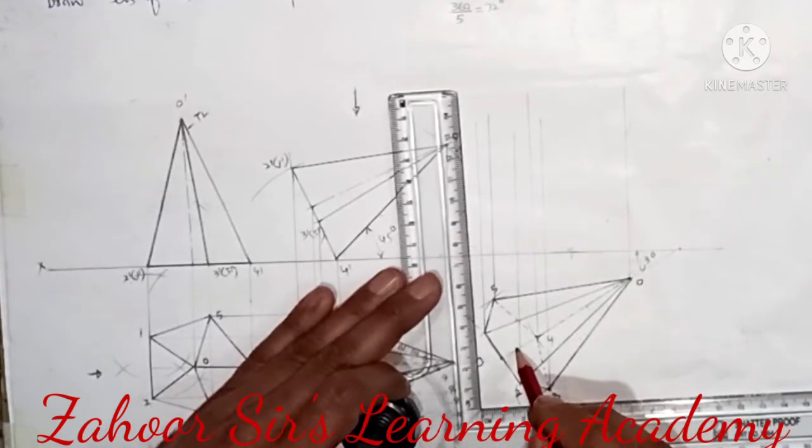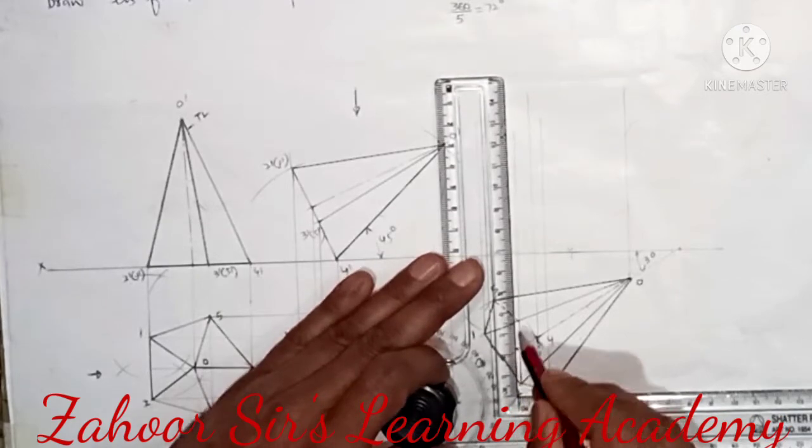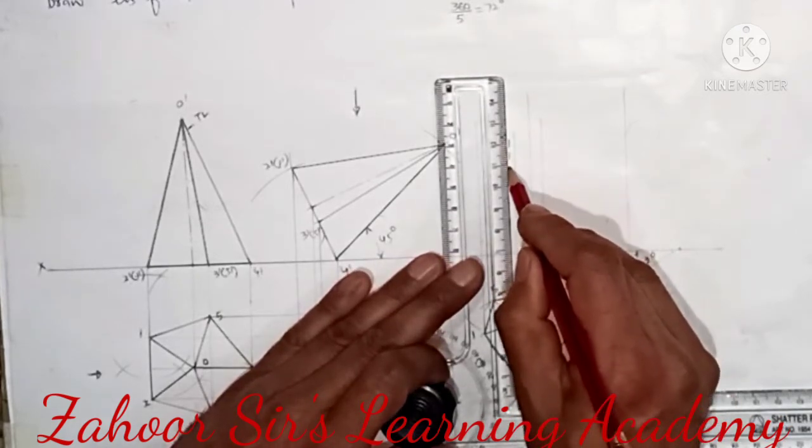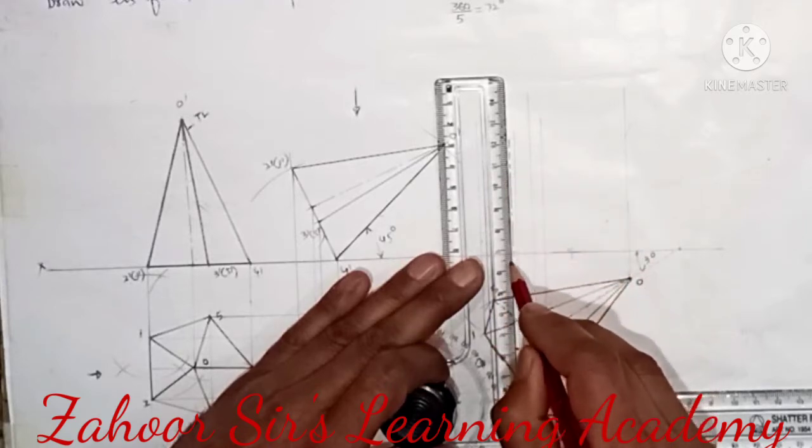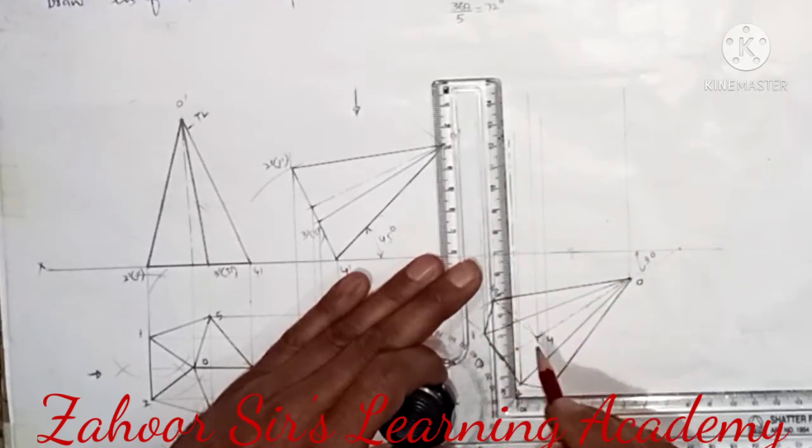And this is the central axis. So I'll produce this with a dotted line, a long dot and a small dot, and the same way.